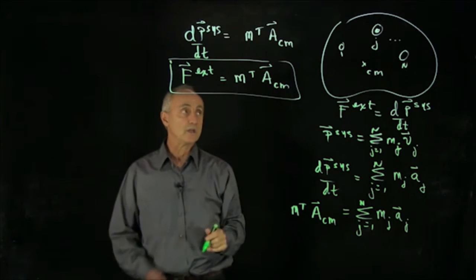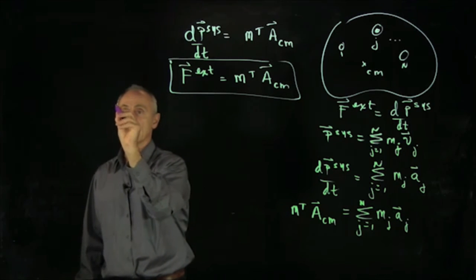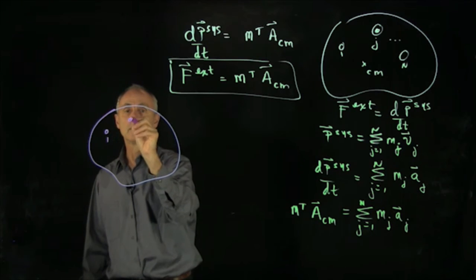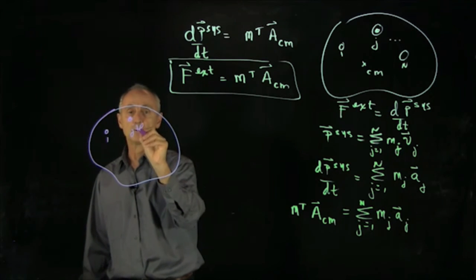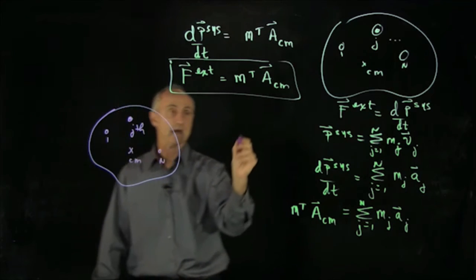Now, what does this equation really mean? So let's draw our pictures again. Here's our system. We have particles 1, etc. That's the jth particle, n particles, and in here is the center of mass.